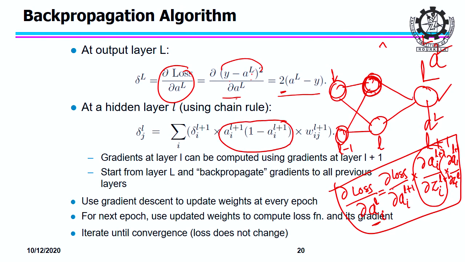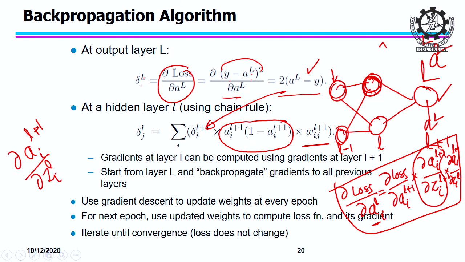And then what is the delta loss with respect to A I L plus 1? L plus 1 is the last node, so that we have computed here, and we can directly put it here. That is nothing but delta with respect to L, so that is delta I L plus 1. Next is this part: I have to compute delta A I L plus 1 with respect to delta Z I L.